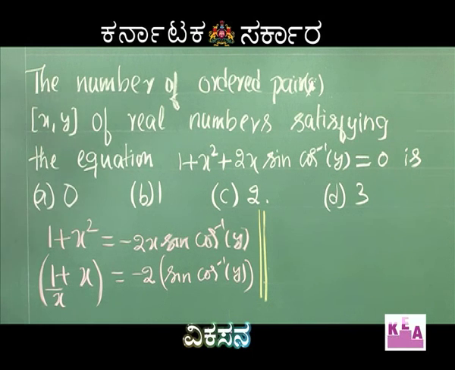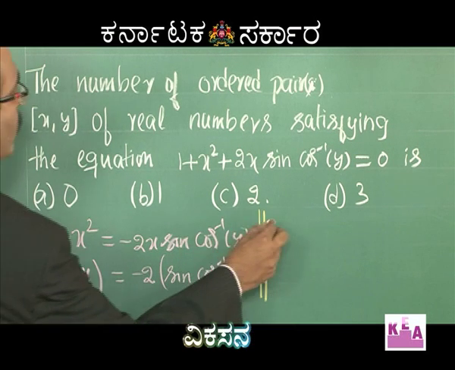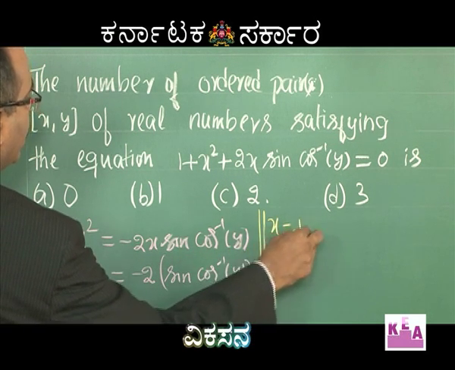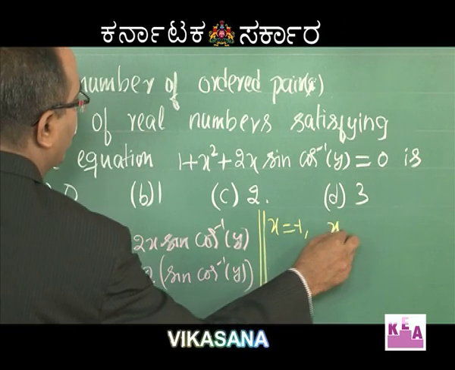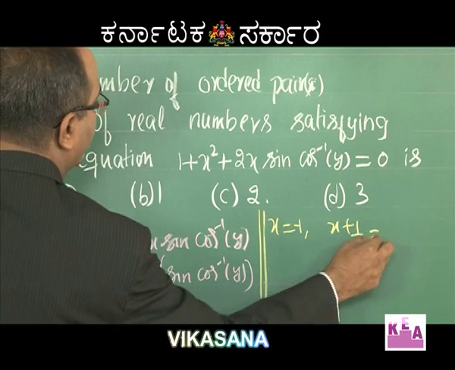If you observe carefully, 1 by x plus x, the maximum value is minus 2 when it is negative. Right? So, x is equal to minus 1, then x plus 1 by x is equal to minus 2.